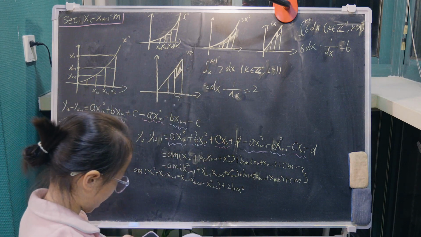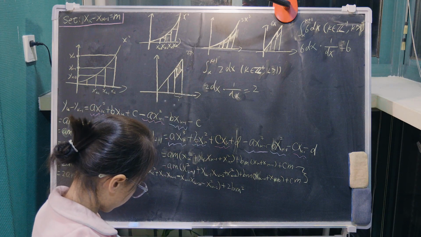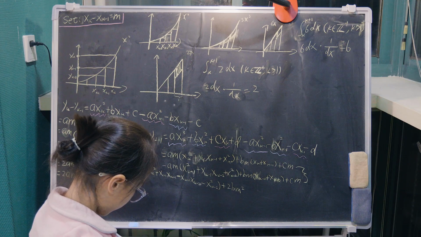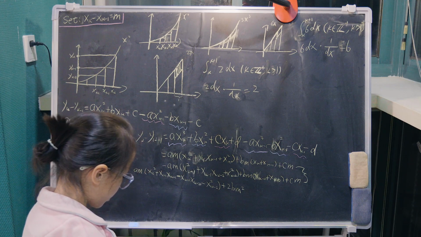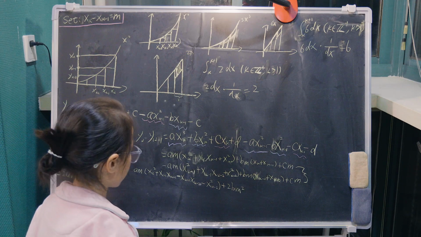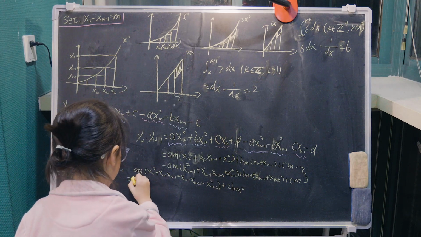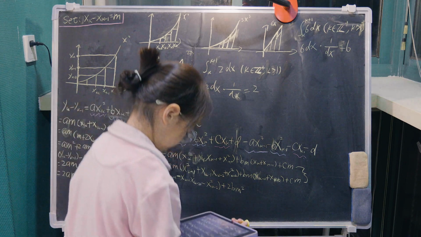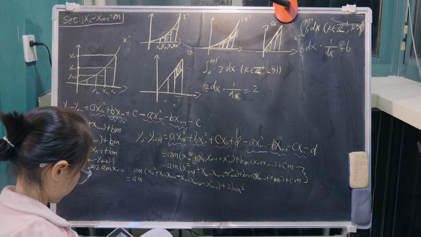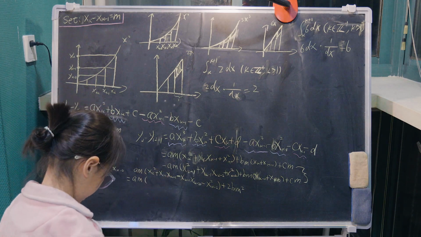So the next step is we have a new function. So next what we are going to do is change it again. A is not changing, and then changing the bracket inside.